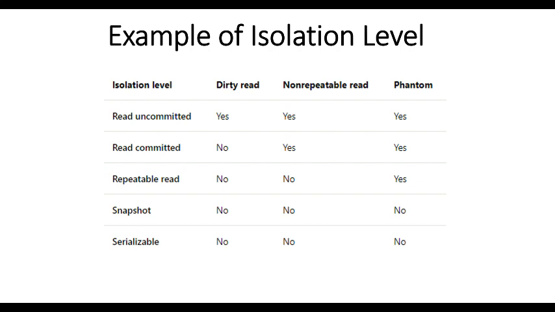I am giving you a short definition of dirty read, non-repeatable read and phantom read. In next videos we might go into deeper detail. A dirty read is when uncommitted data is read.